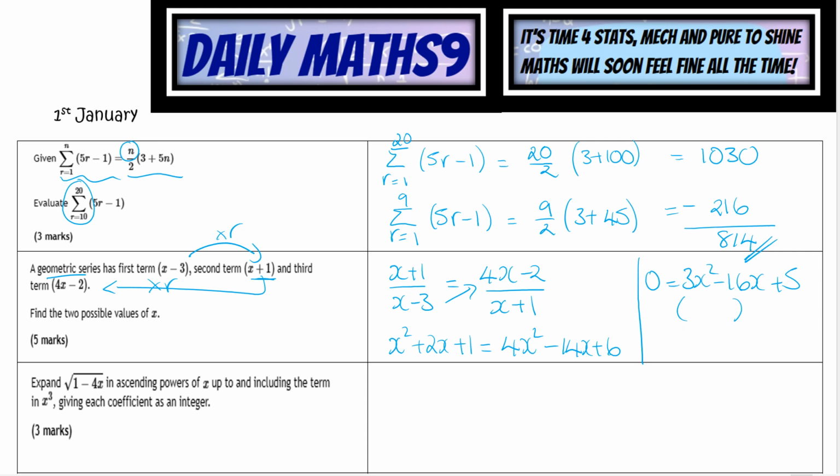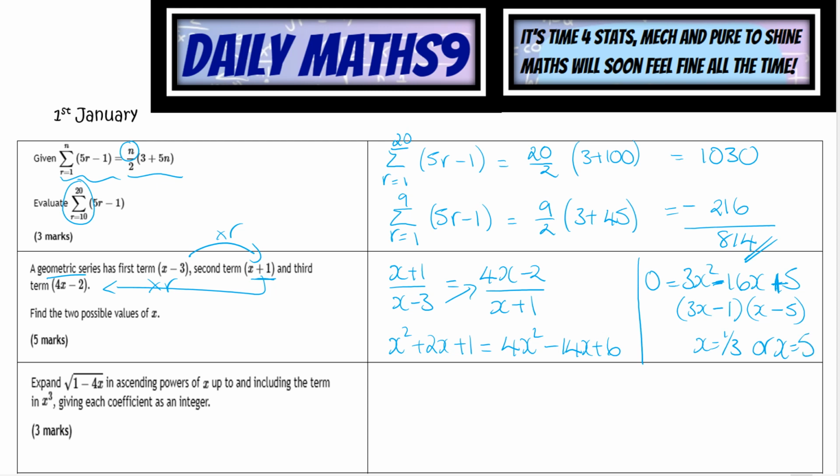And if we just factorize that, we'll get 3x and x, a 5 over there to make the 15. Signs have to be the same and both are negative. So x is going to equal 1/3, or x is equal to 5.